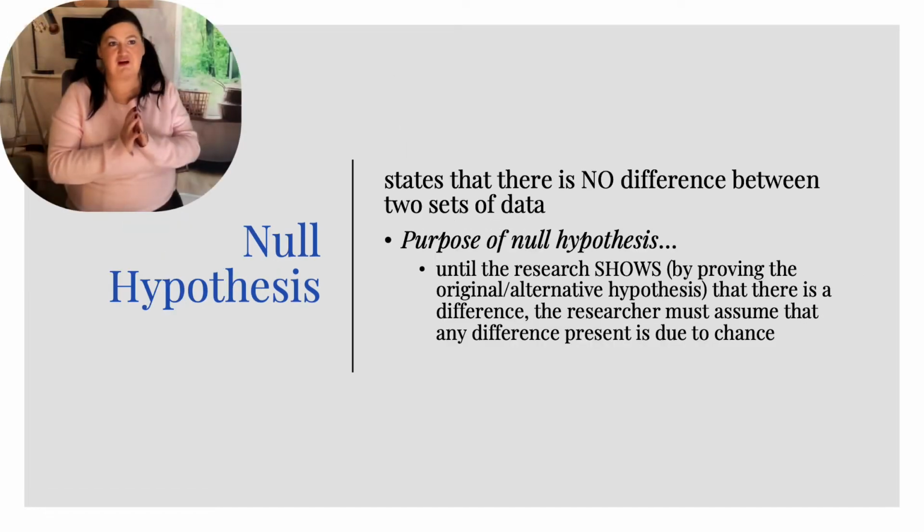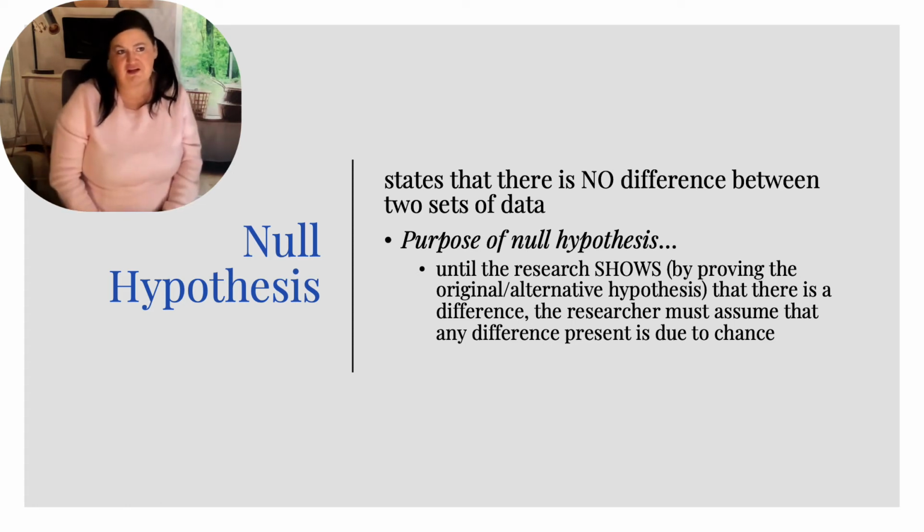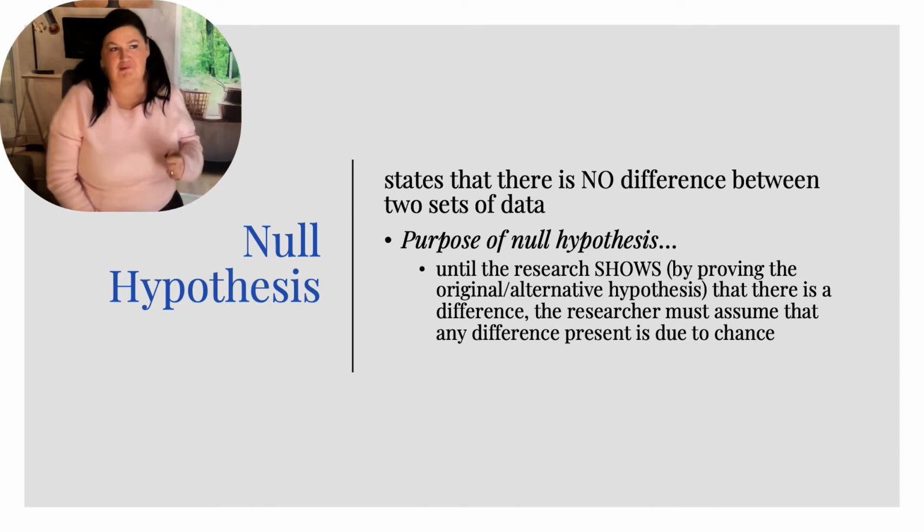And that's with a null hypothesis. A null hypothesis states that there is no difference between the two sets of data, meaning it's like the opposite of your actual hypothesis.